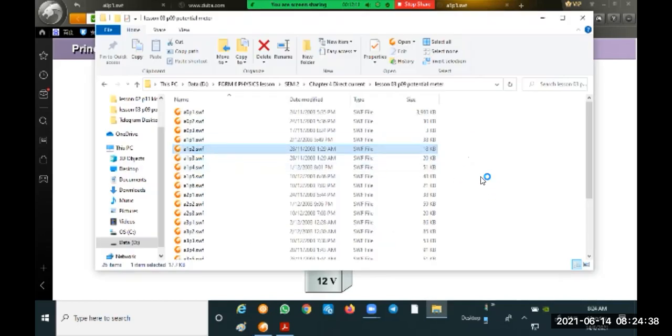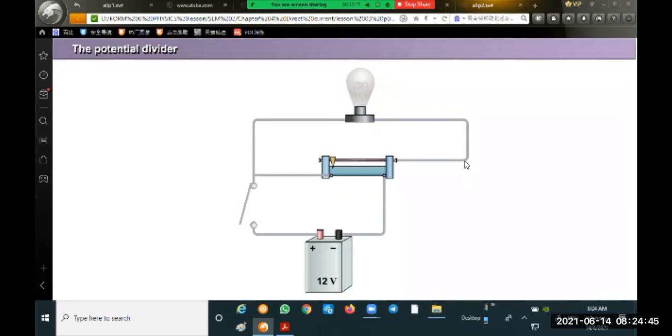They share the current together. Now observe what happens if I connect the switch. Now the bulb does not light up. Why? Because more current flows through the rheostat.